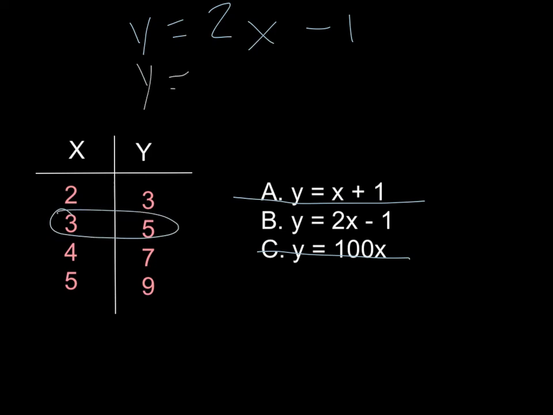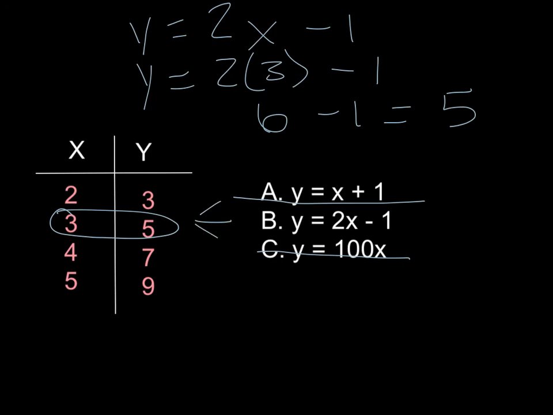So I have y equals 2 times 3 minus 1. 2 times 3 is 6 minus 1 equals 5. Hey, that worked too. So my equation for this table must be B. Y equals 2x minus 1.